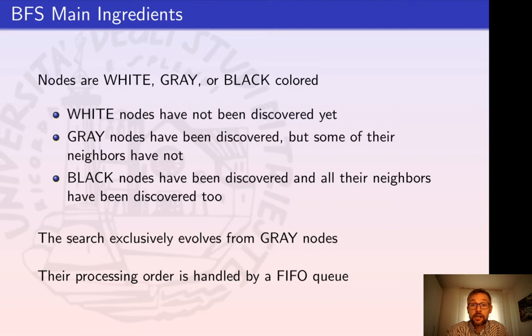Gray nodes are nodes that have been discovered, but some of their neighbors have not been discovered yet, and they are not finished. If you remember, BFS uses a queue, and all the nodes in the queue are gray. And finally, black nodes are nodes that have been discovered, and moreover, all their neighbors were also discovered.